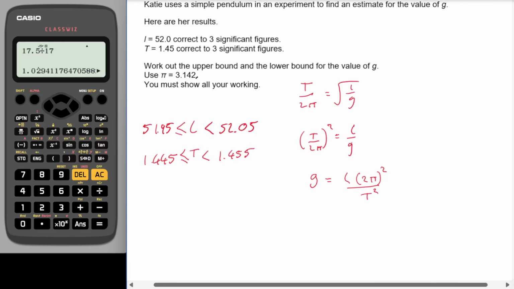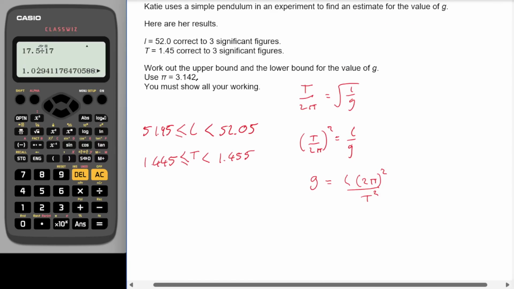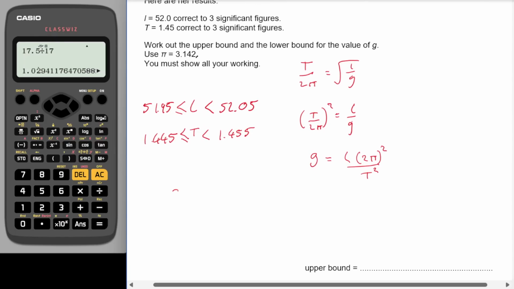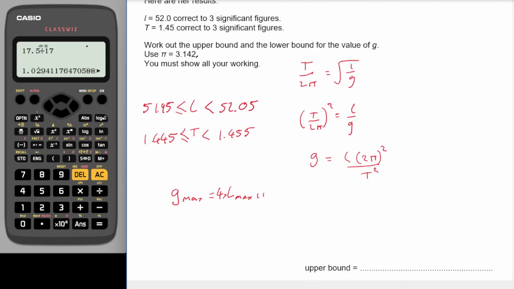Right, so if we want the upper bound first, the G max is going to be equal to the maximum for L, so L max, times 4 times L max times pi squared, divided by the minimum for this, T min squared.